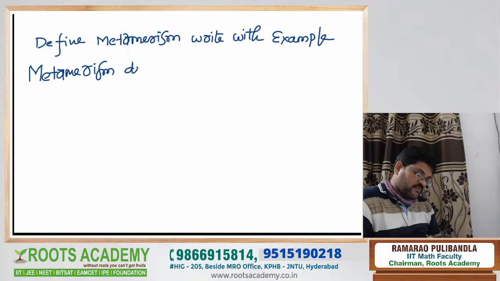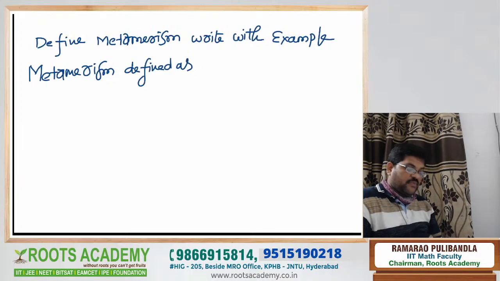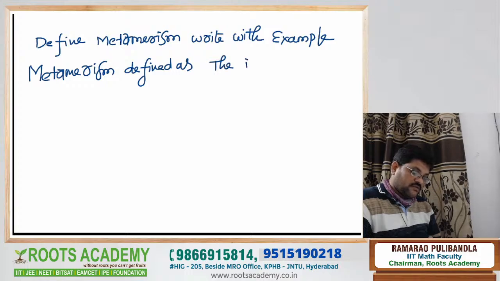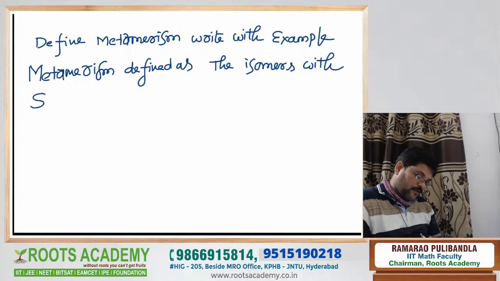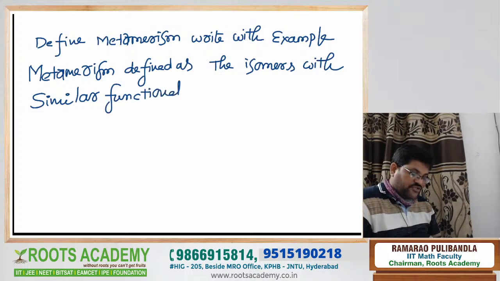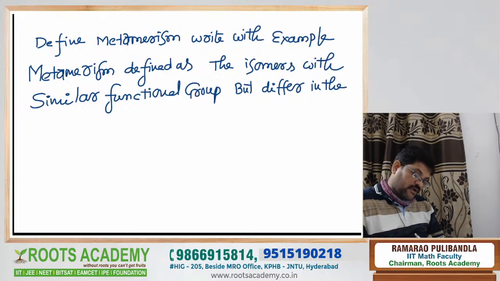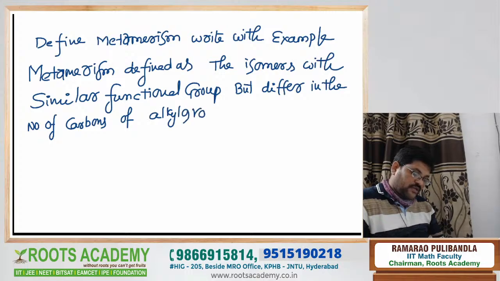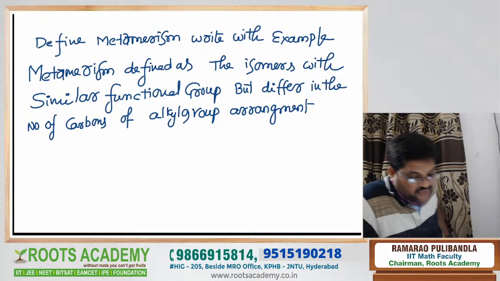Metamerism is defined as the isomers with similar functional group but differing in the number of carbons of the alkyl group arrangement. That is known as metamerism. The isomers are called metamers.